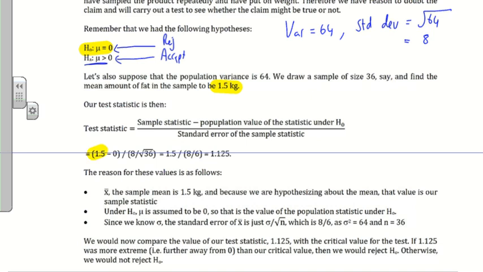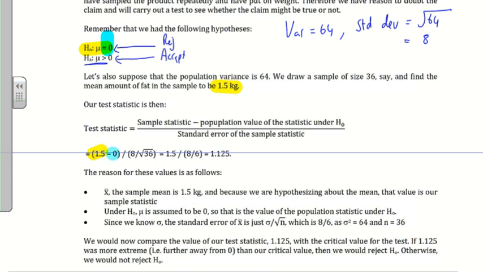Now remember what we said? It's always the test statistic: your numerator is your 1.5, which is what you got in terms of your sample, less the value of the population. Remember, the population value is called the mu under H0. What's it under H0? 0. He said it was 0, didn't he?